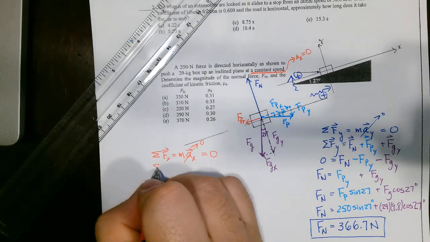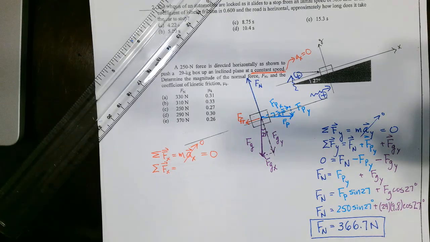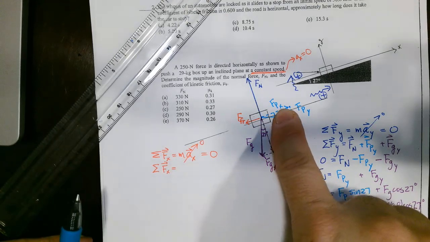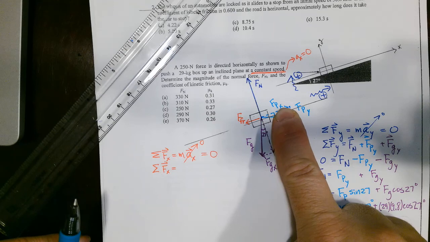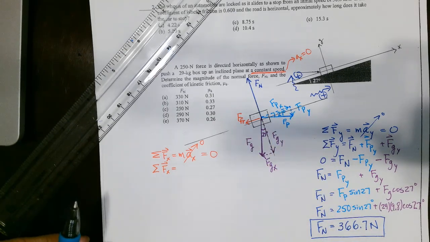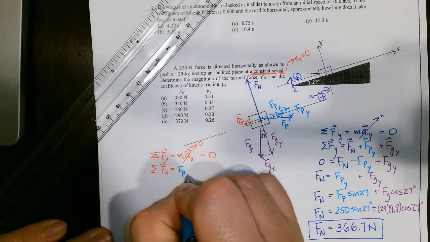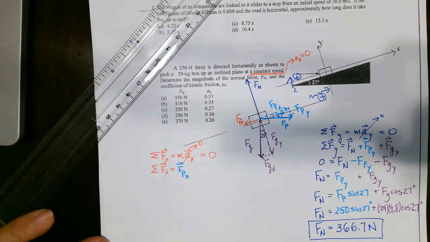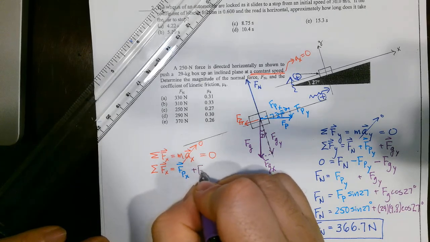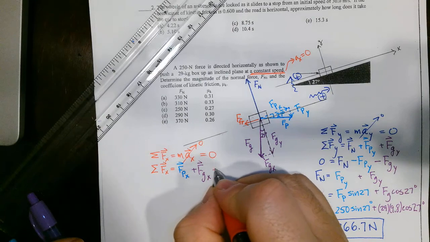So sum of all my forces in the x direction, how many forces are there? Well, I have FPX, right? I have FGX, and I have friction, right? So here, FPX plus FGX plus F friction.